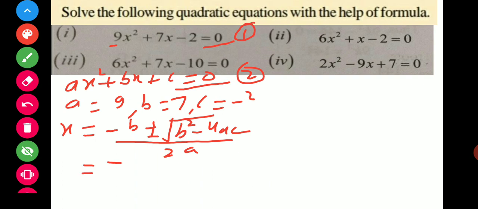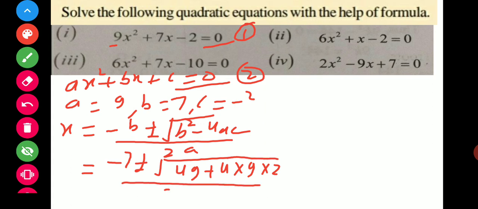So here minus b means minus 7, plus minus under root of b square minus 4ac. b square means 7 sevens are 49, and minus 4ac: 4 into a is 9 and c is minus 2, so it becomes plus.